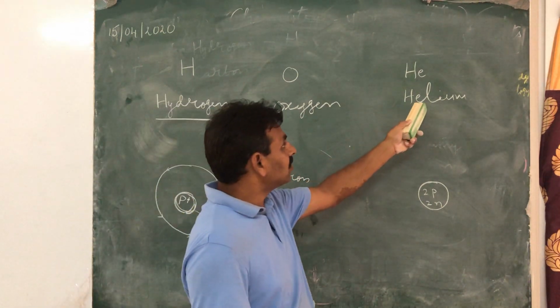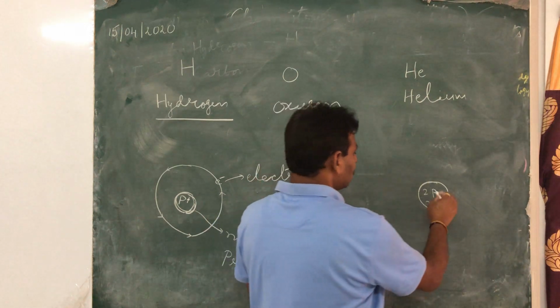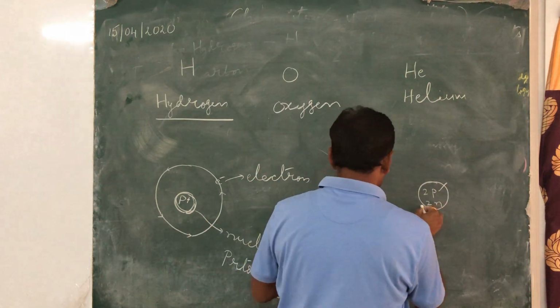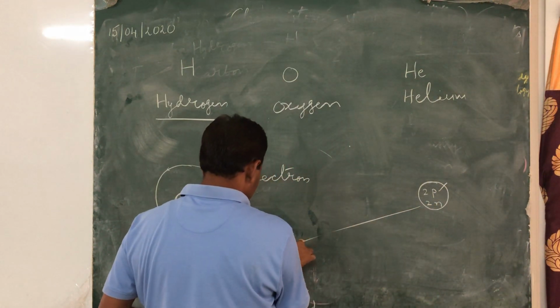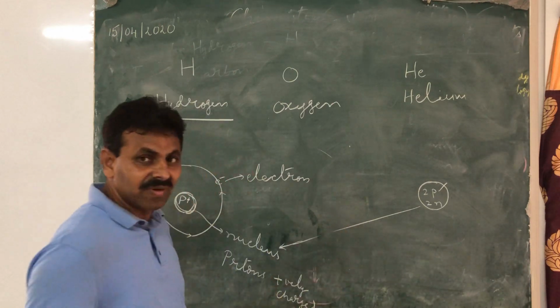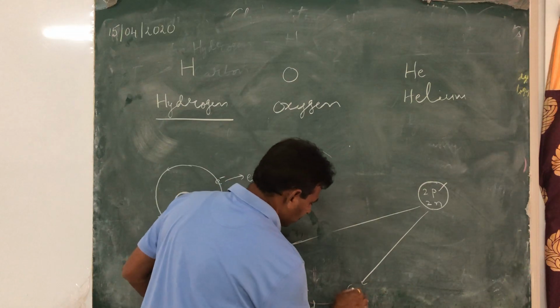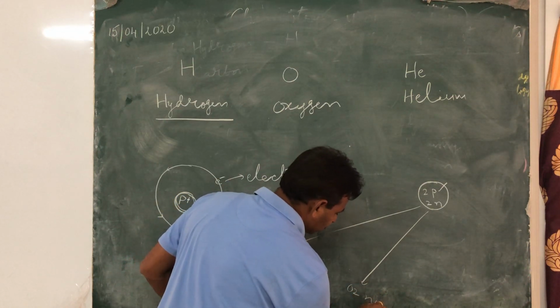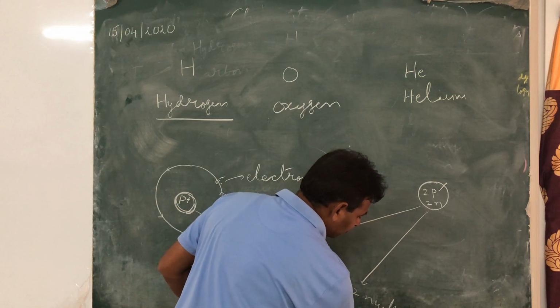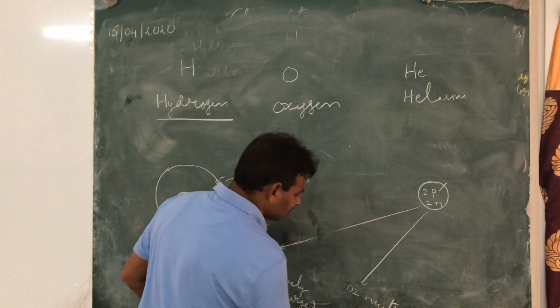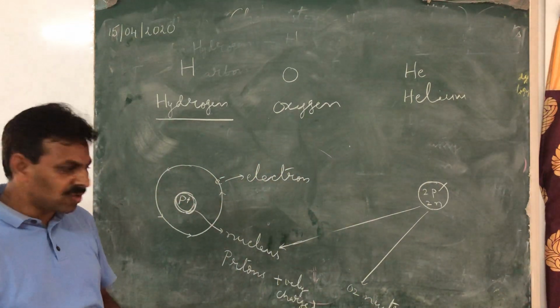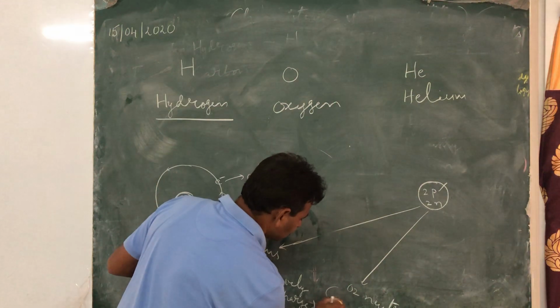And if you come to helium, there are 2 protons in the nucleus. This is the nucleus of helium. How many neutrons are there? 2 neutrons. Now children, neutrons are chargeless. Neutrons are neutral in nature.